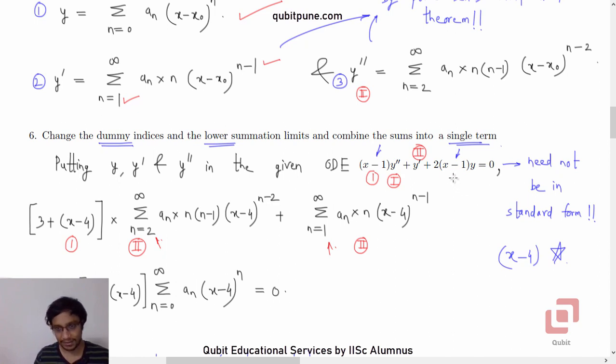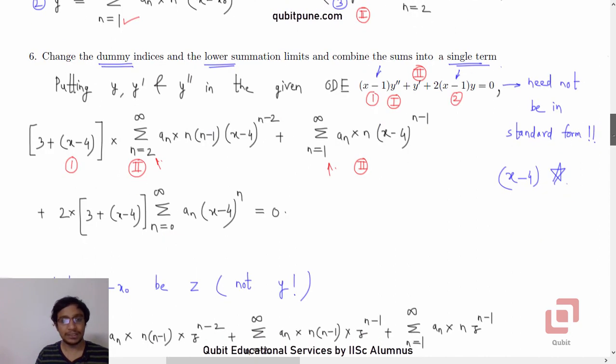Constants will be there as they are. As far as x minus 1 into y is concerned, rewrite it as 2 into 3 plus x minus 4 and into y, the third term here. Let us write it as summation a n into x minus 4 to the power n as n runs from 0 to infinity.